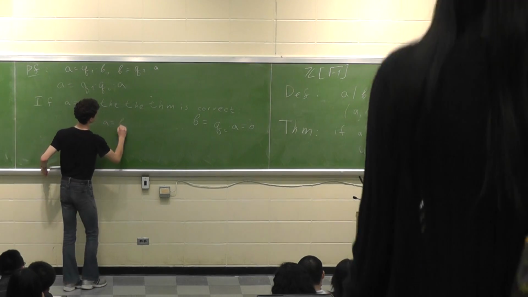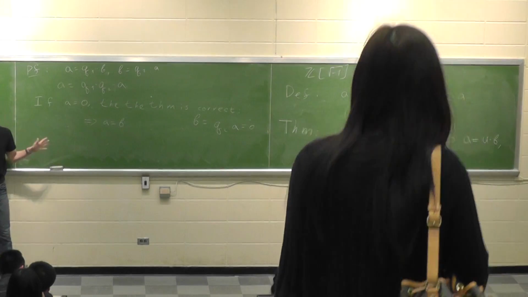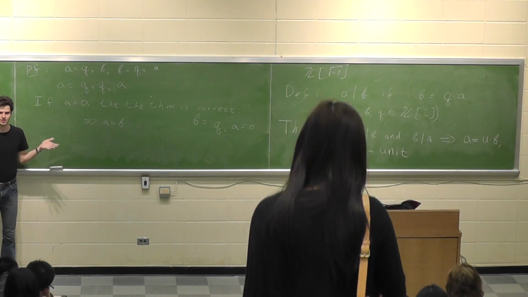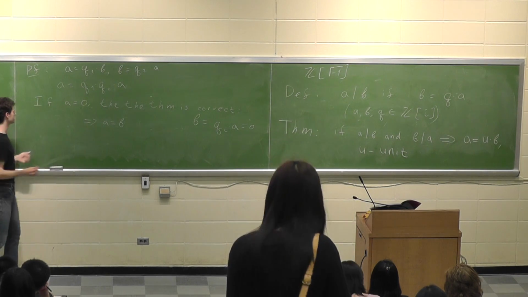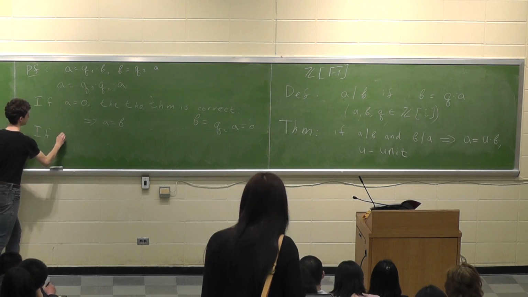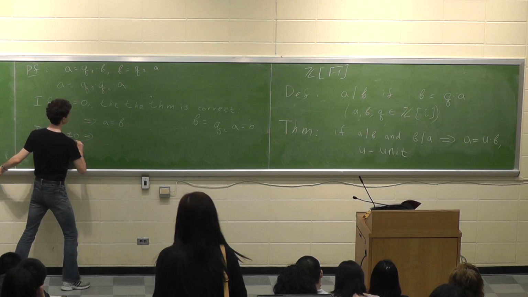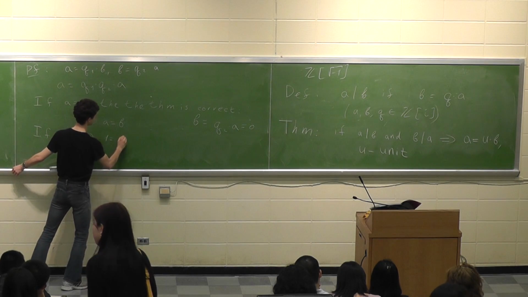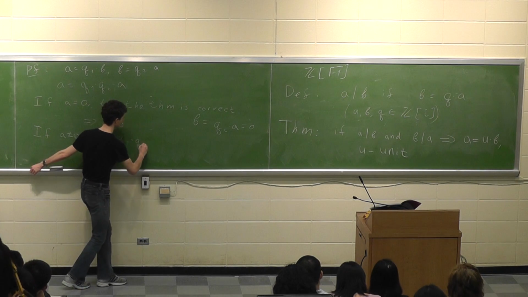So A is equal to B. So it's kind of correct, but in a trivial sense. But if A is not equal to 0, then 1 is equal to Q1 times Q2.